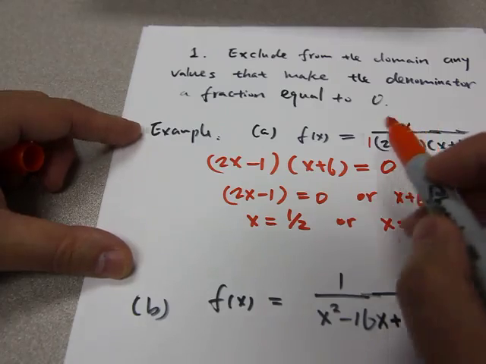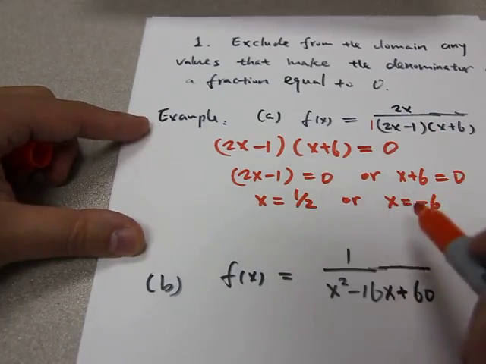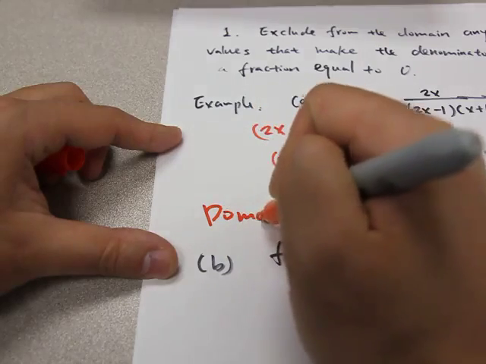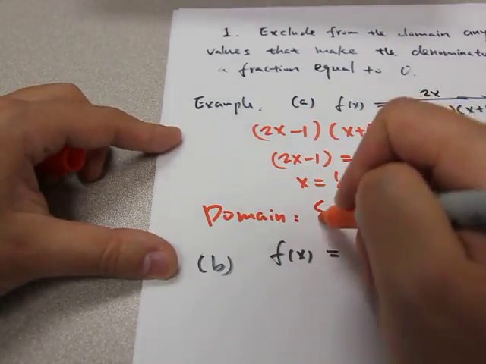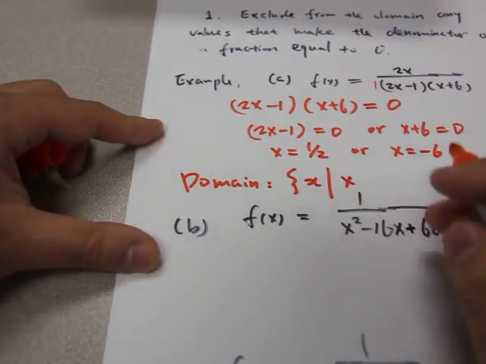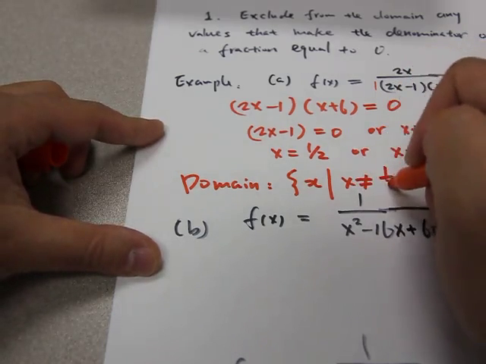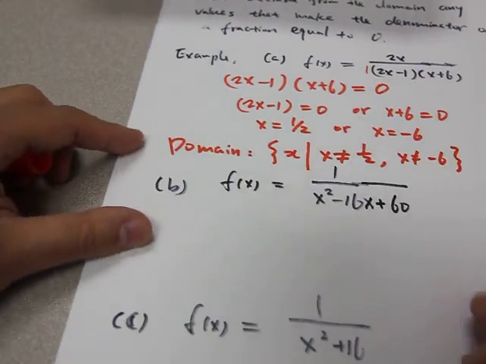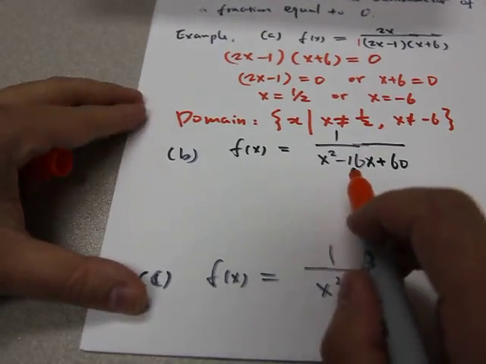So therefore, these two numbers cannot be in our domain. So our domain is every real number except 1/2 and negative 6.